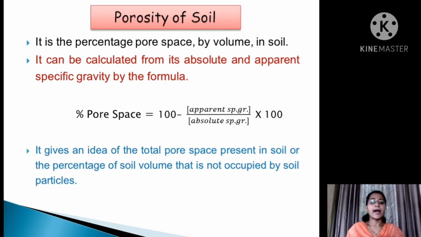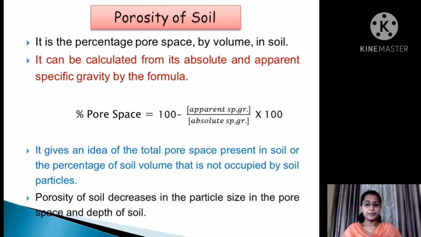It gives an idea of the total pore space present in soil or the percentage of soil volume that is not occupied by soil particles. Porosity of soil decreases with increase in particle size and depth of soil. That means as the depth of soil increases, porosity of soil decreases.